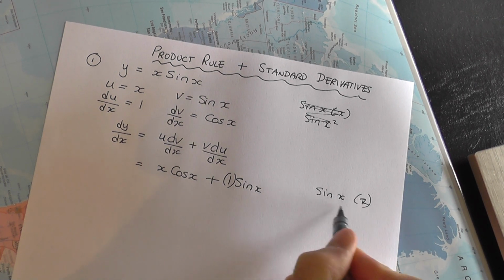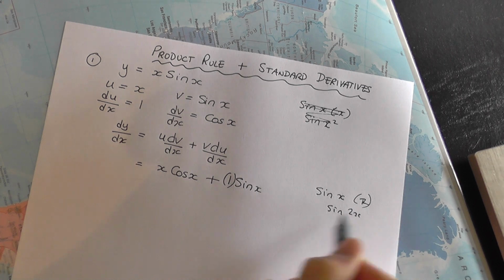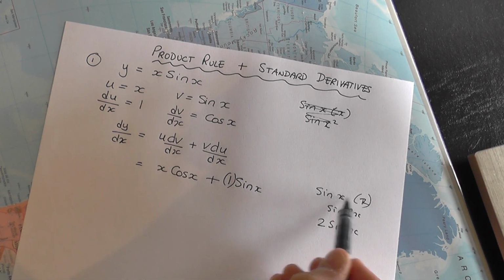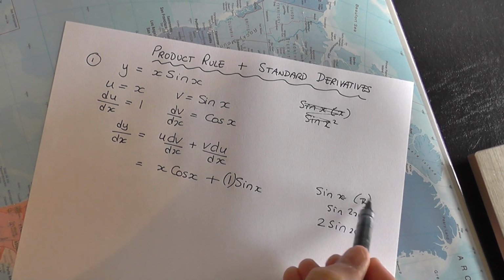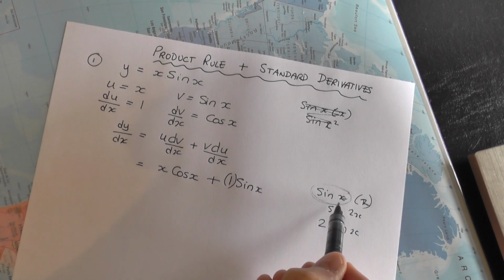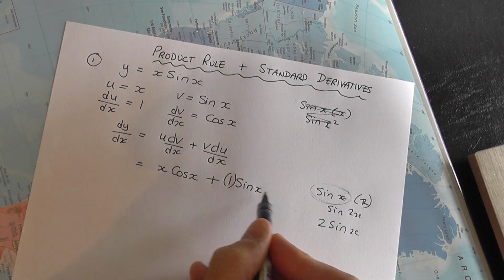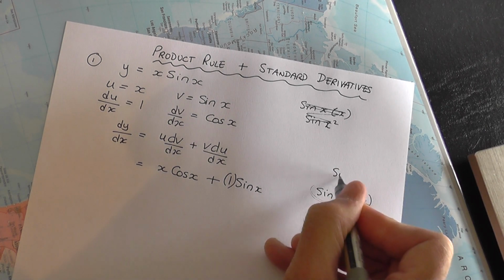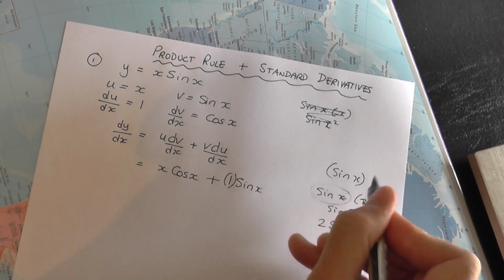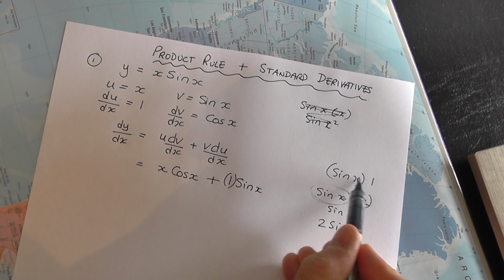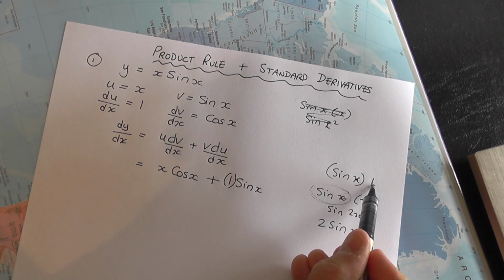So if that was a 2, sine of 2x, you might be tempted, when really the answer is 2 sine x. So be careful. Do not multiply those two together. The 2 multiplies the whole thing. If you're going to put the sine x first and then the other thing afterwards, then you should put sine x in a bracket and then times it by the 1 or whatever afterwards. And then that'll stop you timesing those two things together.